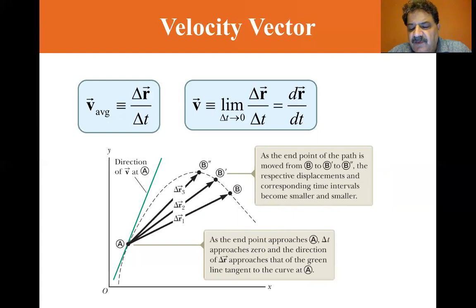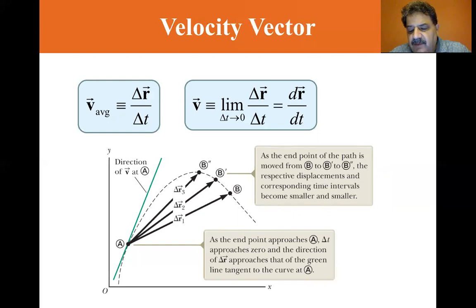The instantaneous velocity is the derivative of the position vector with respect to time. The direction of the instantaneous velocity vector at any point in a particle's path is along the line tangent to the path at that point, and it's in the direction of motion.